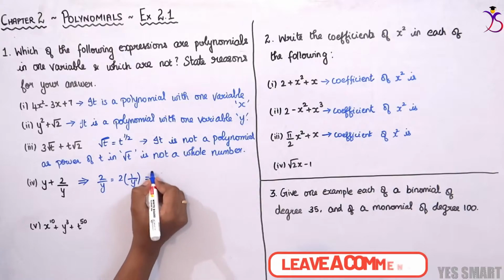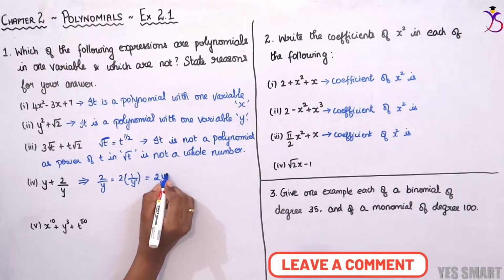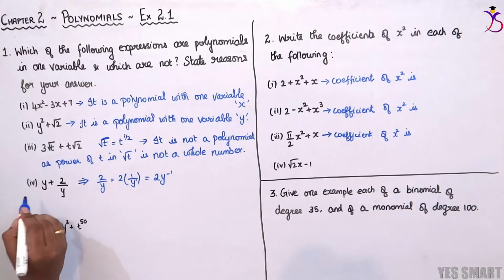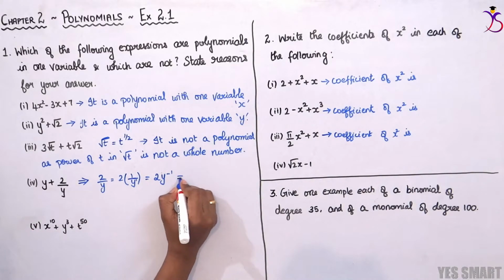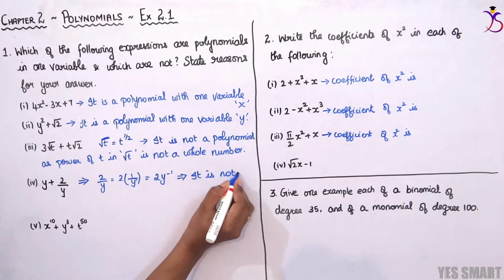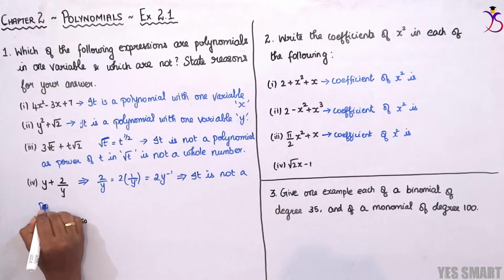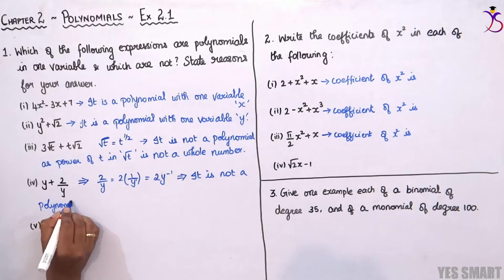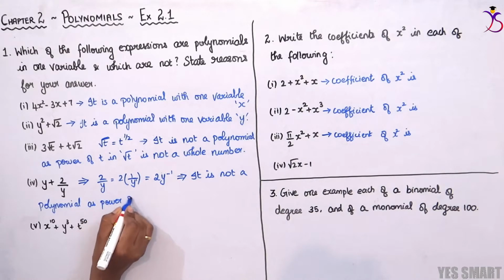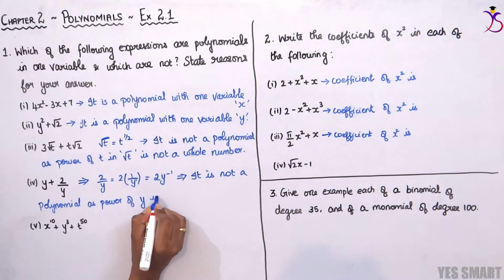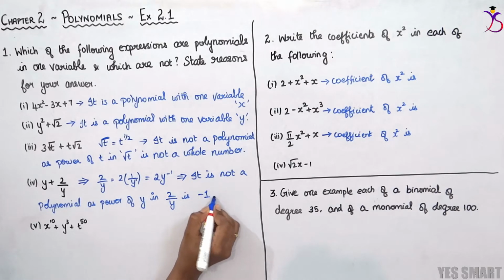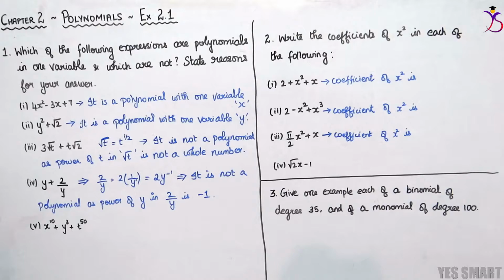When you bring this y to the numerator, the power negates, that is the power 1 becomes minus 1, which is equal to 2y to the power minus 1. Since we have a negative power, the given expression is not a polynomial, as the power of y in 2 by y is minus 1, and minus 1 is not a whole number.